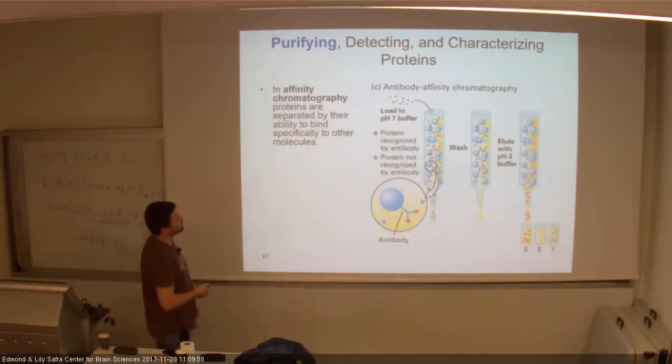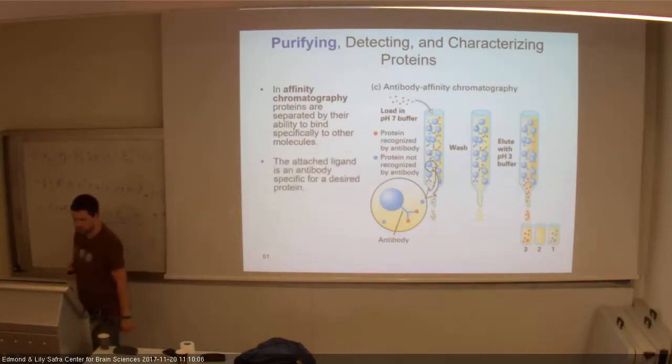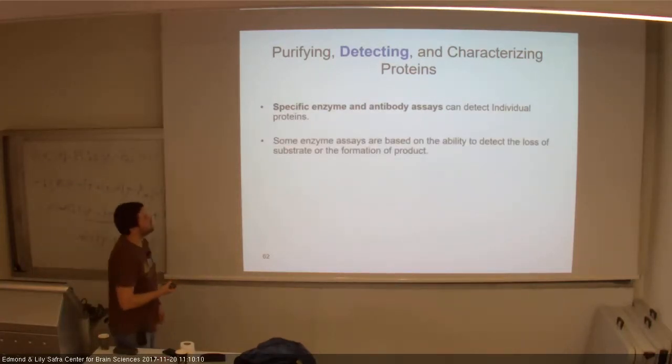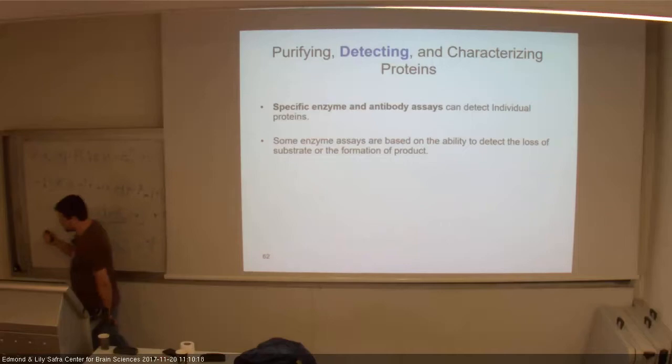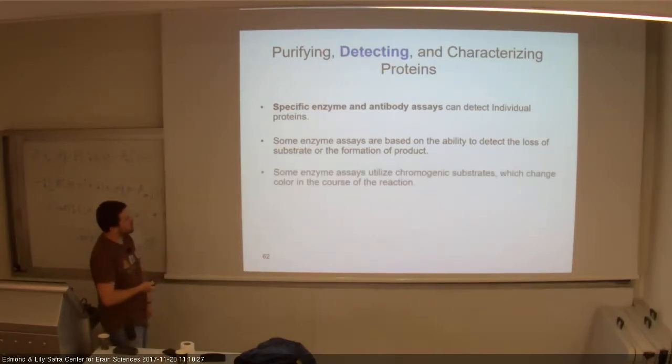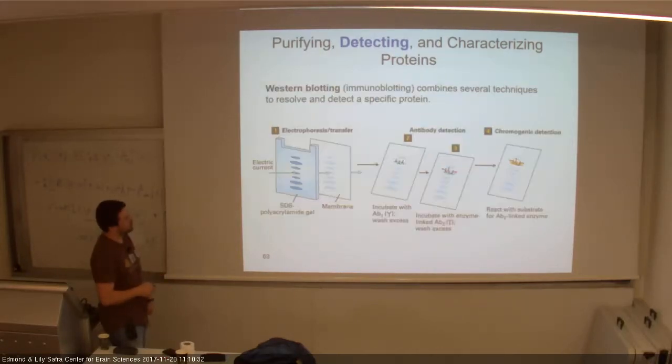Then I also showed you an example according to antibodies, and I talked a little bit about what an antibody is. And there are also assays where you can use specific enzymes that know how to identify specific products. So if you put the enzyme in and we can measure the breakdown of the product, then we can also measure the amount of protein like that. But this is just in general terms.